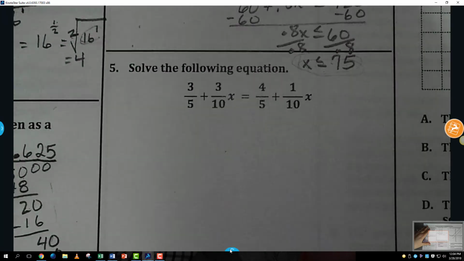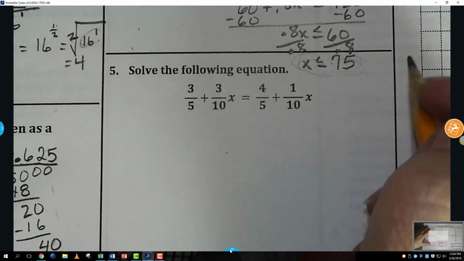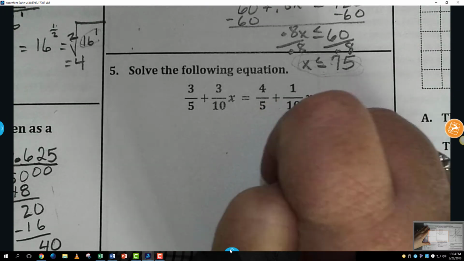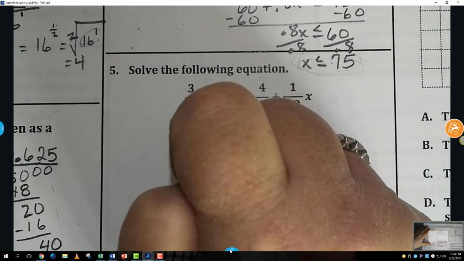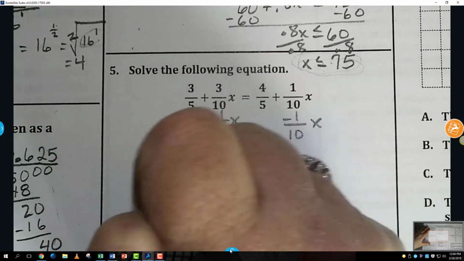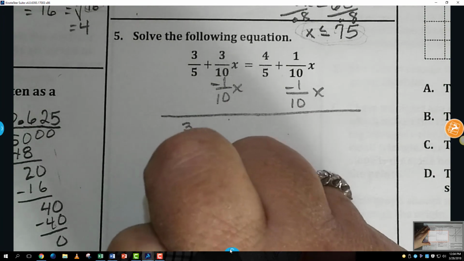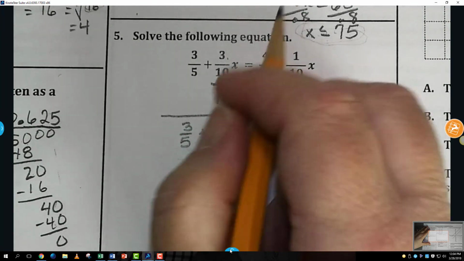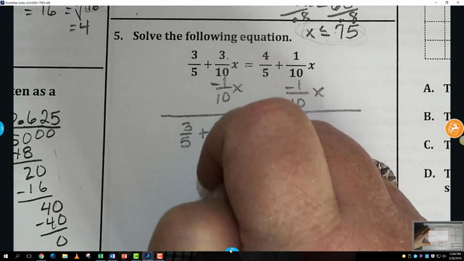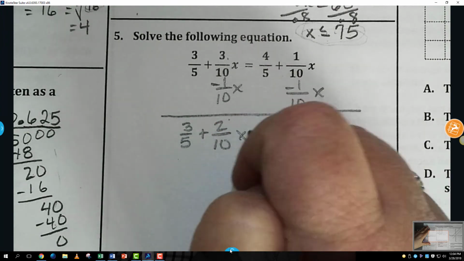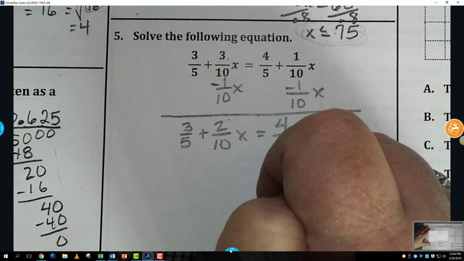Solve the following equation. So I know that I want to get all the variables on one side, so I'll subtract 1/10 X. I'm going to get 3/5 plus 3 minus 1 is going to be 2/10 X equals 4/5.